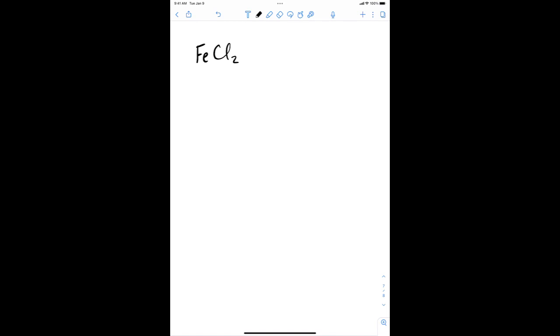So chlorine has that -1 charge. Now, there are two of those, so overall on my chlorine there's a -2, because there are two of them. And that means that in order to make a net 0 charge, the charge on this iron has to be +2.